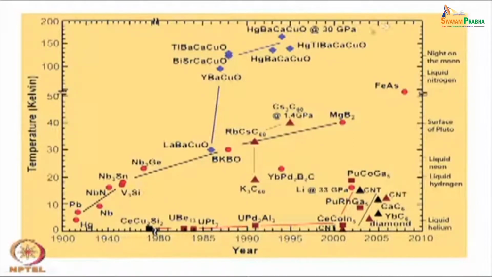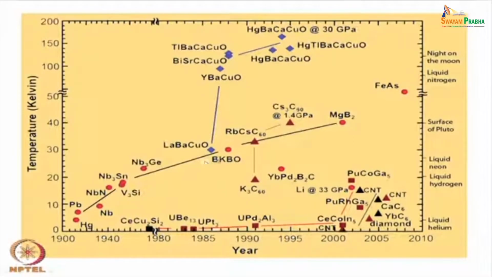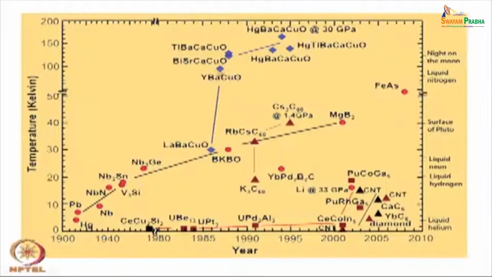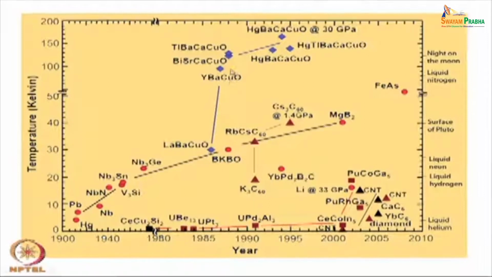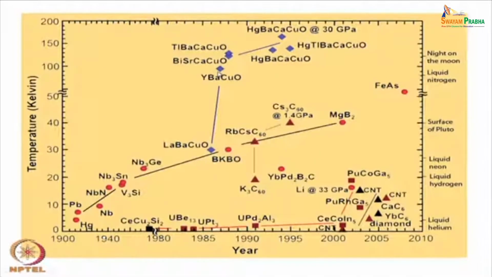These all are oxides. This group of oxides first started with lanthanum, barium, copper, and then immediately, by substituting lanthanum with yttrium, a very large jump has taken place. So far as the Tc is concerned, from 35 it has gone to about 90, and then there are a few other compounds in this range which have been observed to have slightly higher Tc.